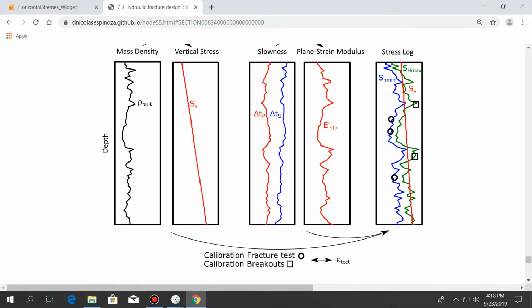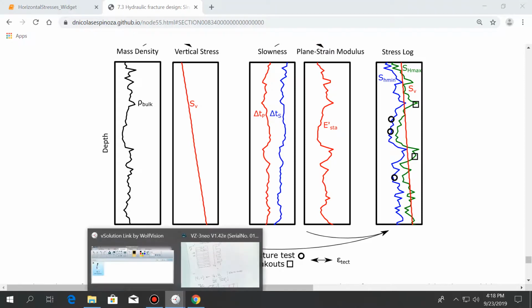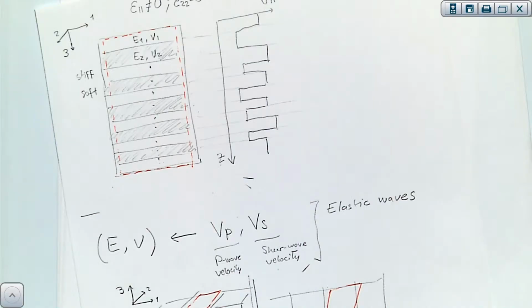So in terms of a more ideal model, we are going to be looking for something like this.